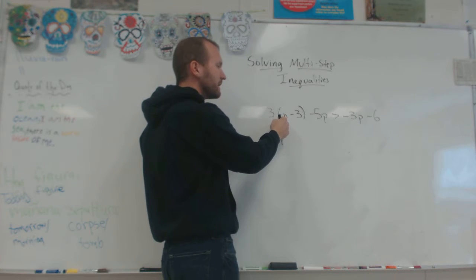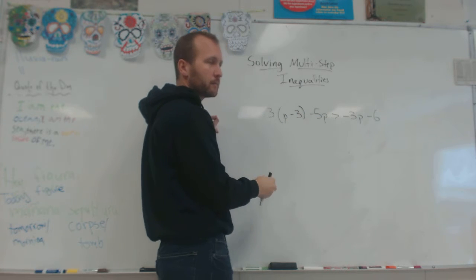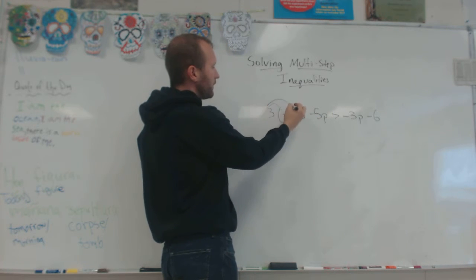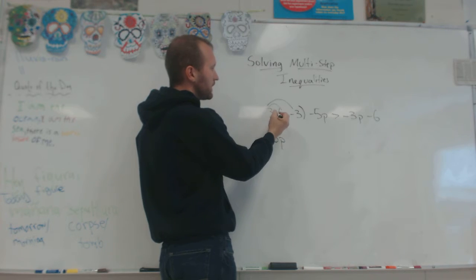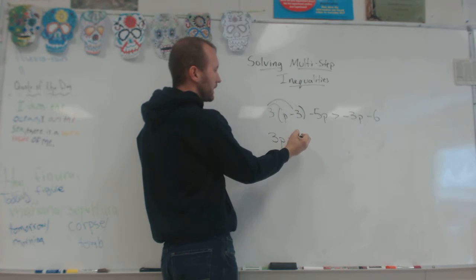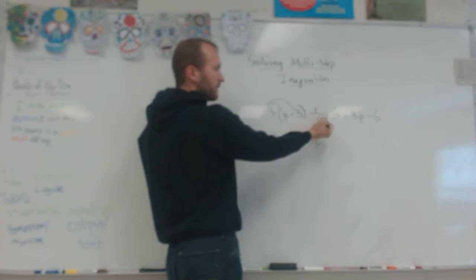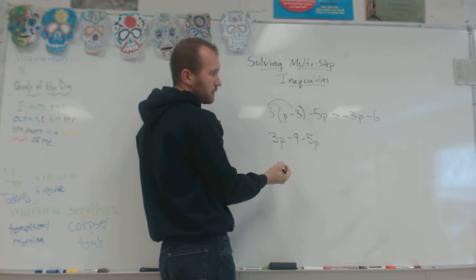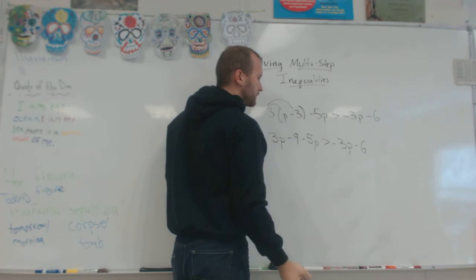But one of them is in a parentheses, and parentheses come before I can add them. So I'm going to do my distributive property first. 3 times p is 3p. 3 times negative 3 is negative 9. And that doesn't affect the 5p because that's outside of the parentheses. Is greater than negative 3p minus 6.